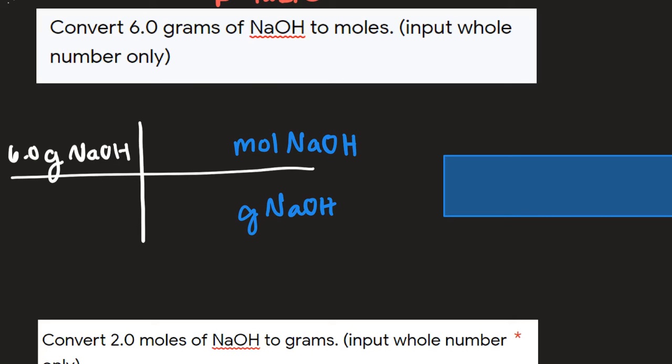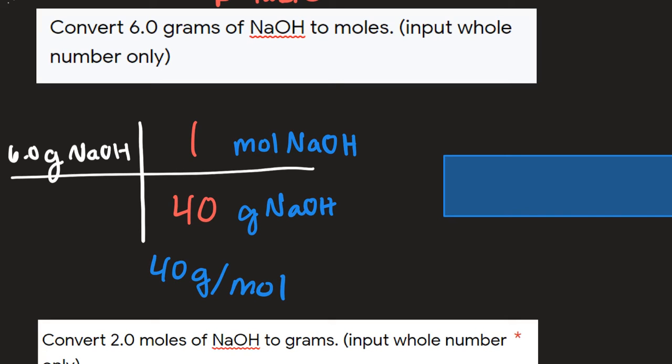So where am I going to get the values here? That's where my answer from the last question came in. Last time we found 40 grams per 1 mole. So I'm just going to put that here, 40 grams of NaOH per 1 mole.